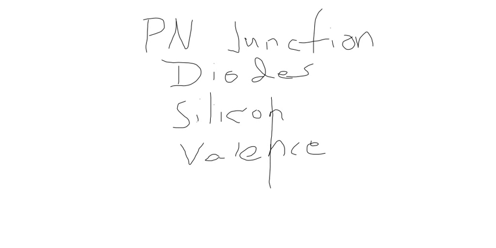Silicon, chemical symbol Si, has 14 protons in the nucleus. That means it needs 14 electrons. The first shell holds 2.